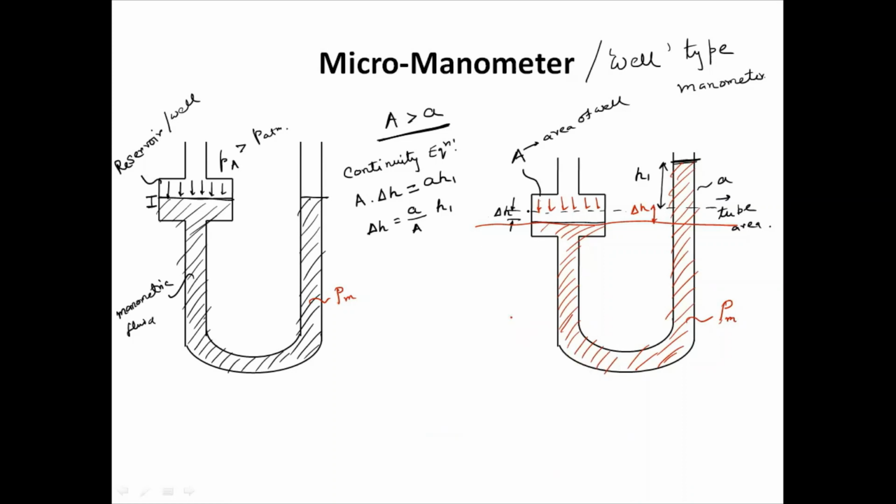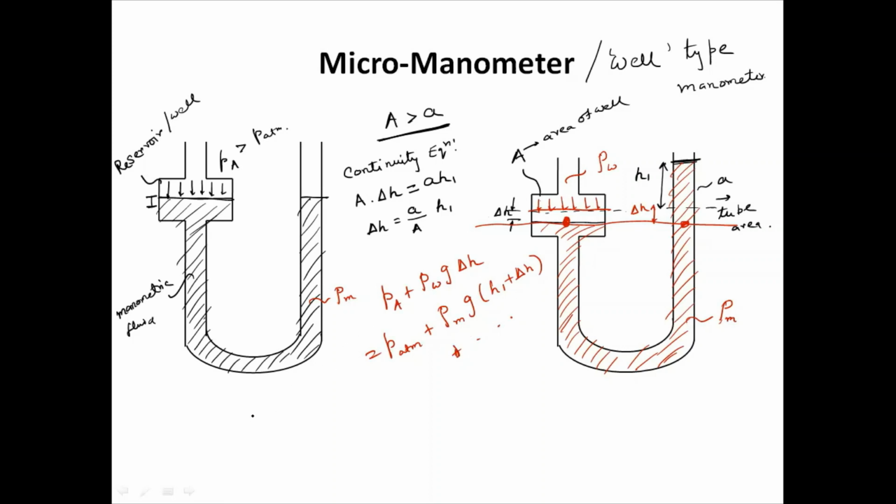See here, PA is acting here. Still further it is down by delta H. So PA plus, now the working fluid is rho W, so rho W G delta H. That is the pressure at this point. At this point, the pressure is the atmospheric pressure plus rho M G into H1 plus delta H. So that is the equation.